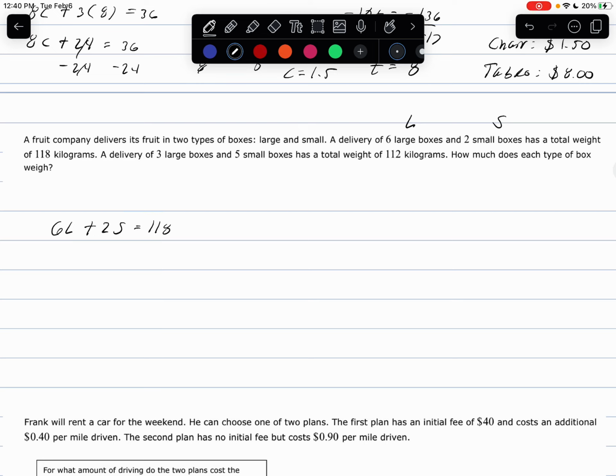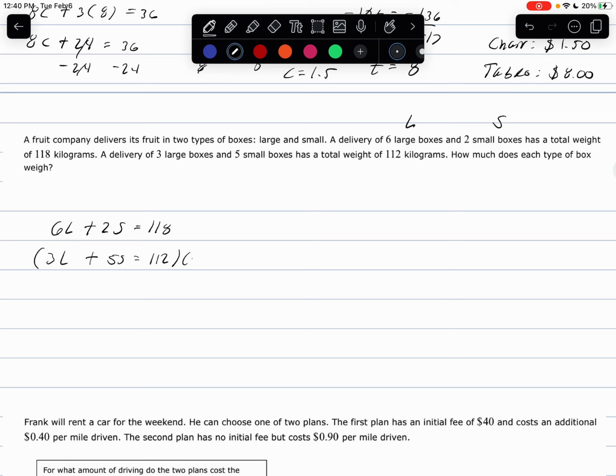And we also have that 3L, 3 large boxes, and 5S is equal to 112. Okay, so let's go ahead and see which direction we want to go here. Well, if we multiplied the second equation by -2, that would allow us to eliminate the L variable here. So let's go ahead and do that.